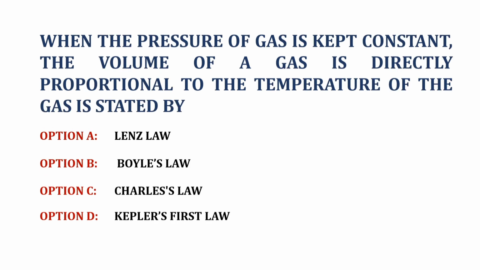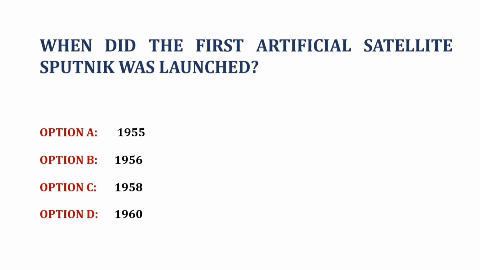When the pressure of gas is kept constant, the volume of gas is directly proportional to the temperature of the gas is stated by? Option C, Charles' law. When was the first artificial satellite Sputnik launched?